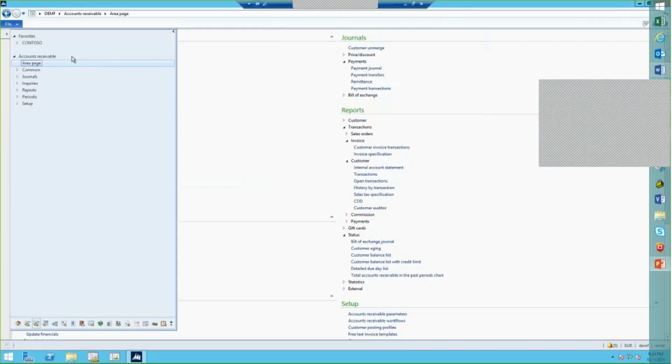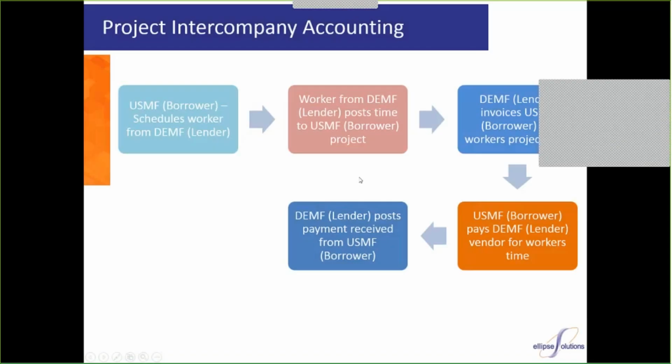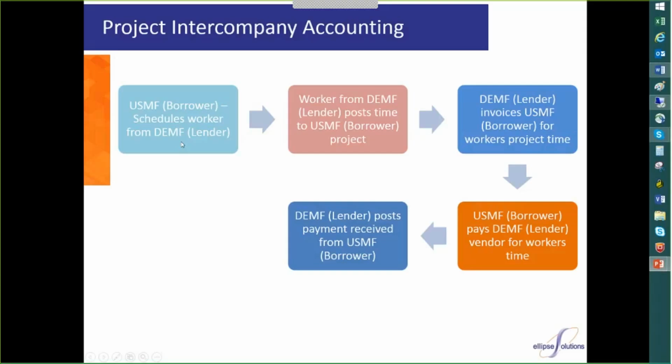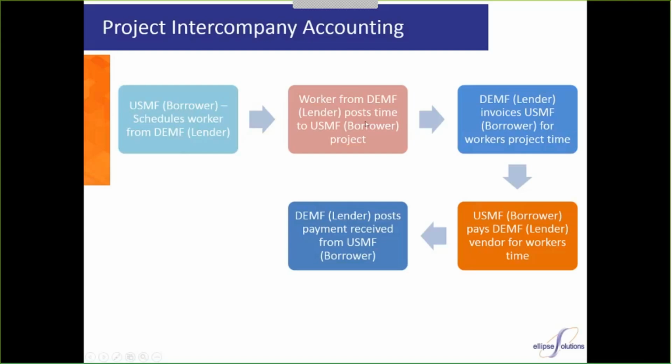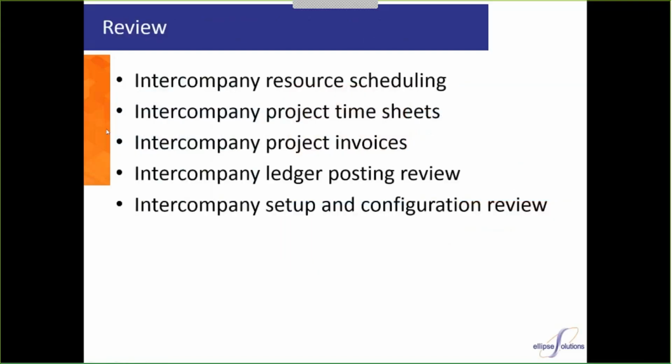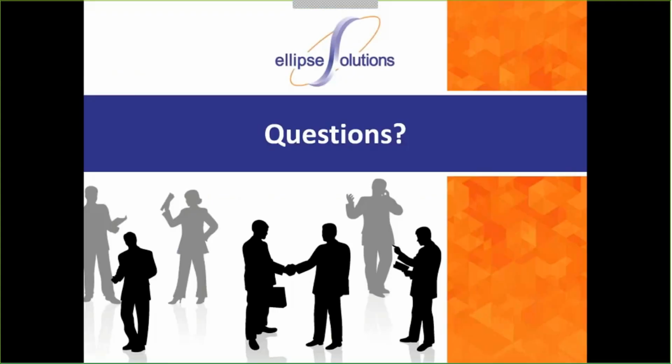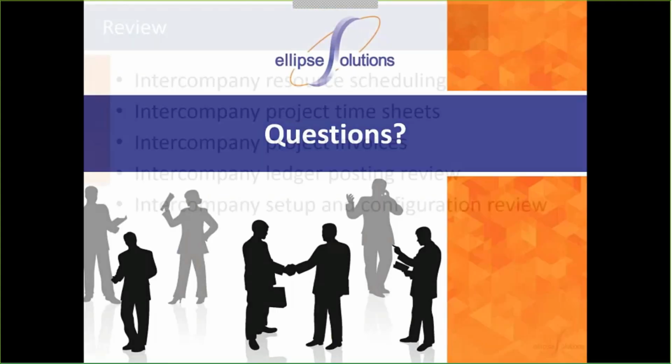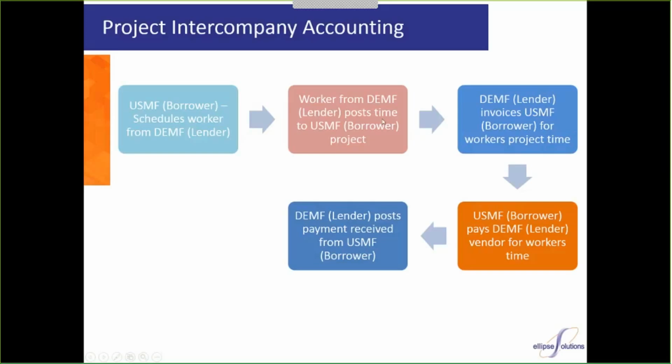So one more time, let's recap what we saw before we cover the setup. We scheduled our worker on the project using a worker in our lending company on the borrower's project. Then that worker posted their time against the project from their home company.